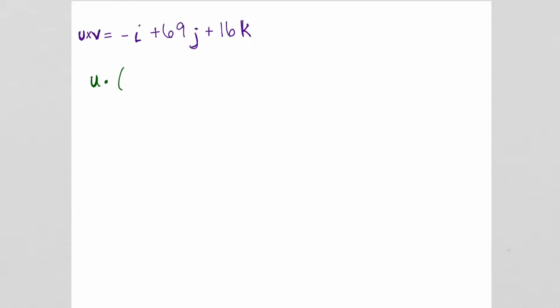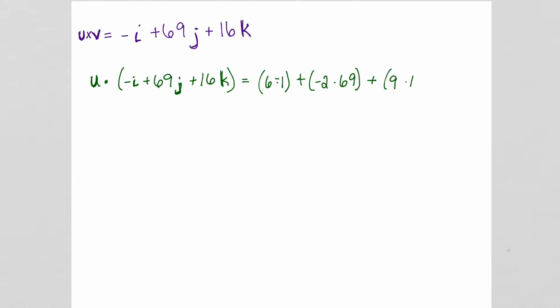and dot it with -i plus 69j plus 16k. Remember, the dot product is 6 times, we've got u, so 6 times negative 1, that's a negative 6, plus negative 2 times 69 plus 9 times 16.